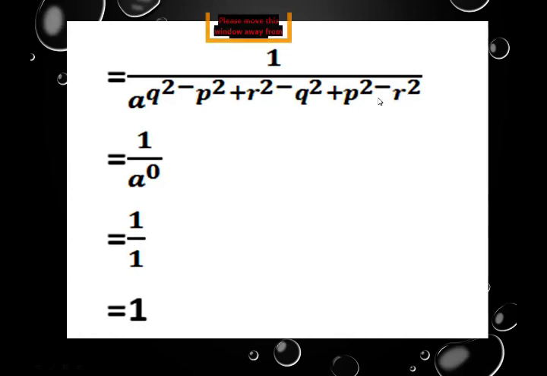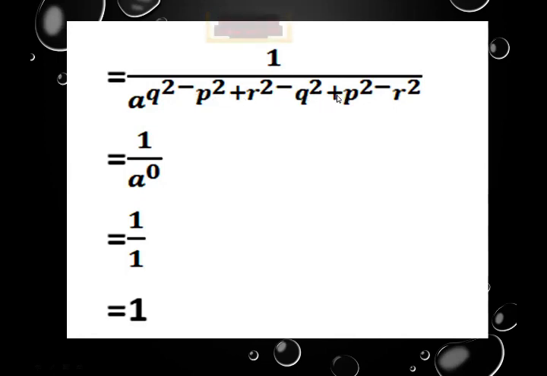These all are present in the form of exponent of a. Now, if we simplify this expression, we have plus q square, and further we also have minus q square. Plus q square minus q square, they both will cancel each other. In the next term, minus p square, further we have plus p square.